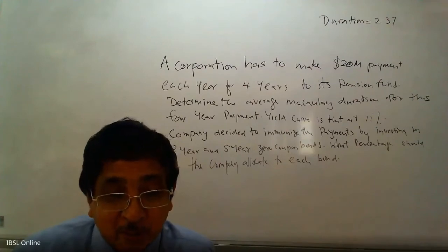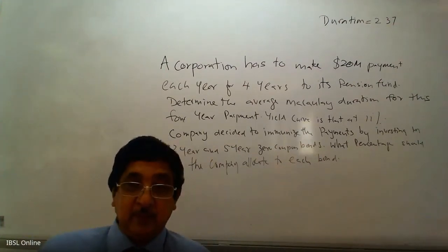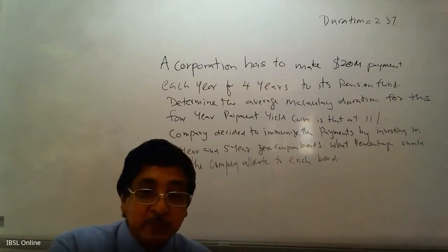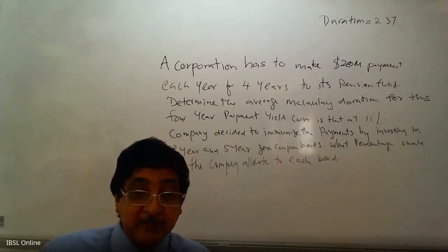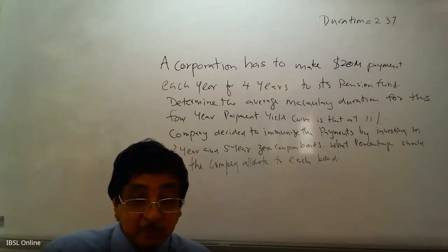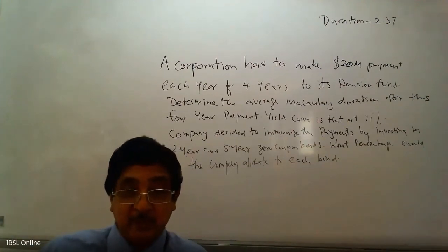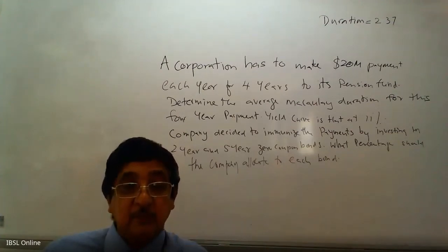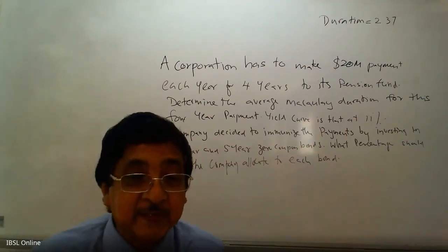Now what we need to do here is select a percentage of 2-year and 5-year bonds. For example, if I select 20% of 2-year bonds, then we have to select 80% of 5-year bonds. So we assume our selection of 2-year bonds is X percent.